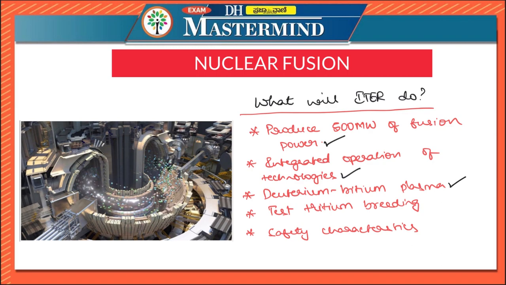Next, it is going to test tritium breeding, which is another important feature of ITER. Lastly, it is going to demonstrate the safety characteristics of a fusion device, to learn what safety characteristics are required for future fusion power plants.